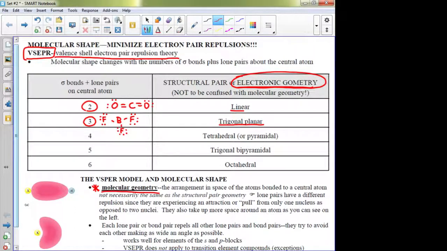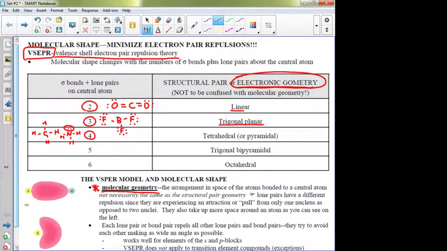Everybody see that? Tetrahedral would be if I have 4 things going on. So that would be something like CH4, where I've got 4 bonds, or maybe something like NH3, where I've got 3 bonds, but I've also got a what? Lone pair. So do we see that? So that would be tetrahedral.